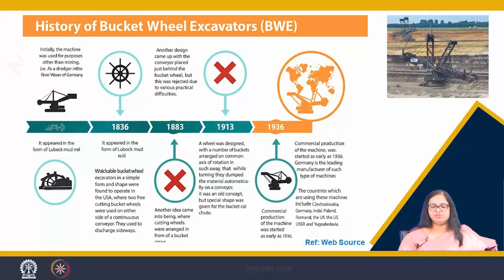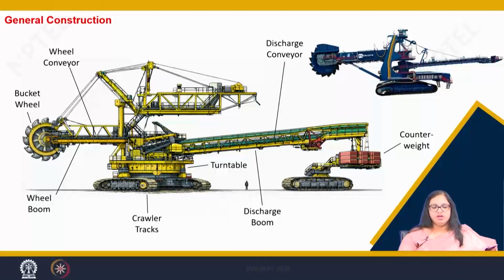This machine was first started early in Czechoslovakia, and now we see Germany as one of the leading manufacturers of this kind of machine. There are many countries which use this kind of machine, including Germany, India, Poland, Romania, UK, US, USSR and Yugoslavia.